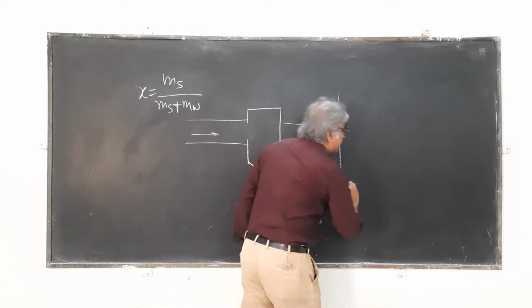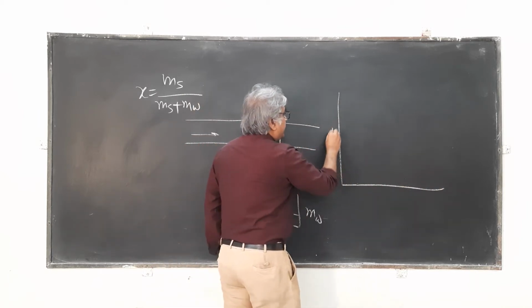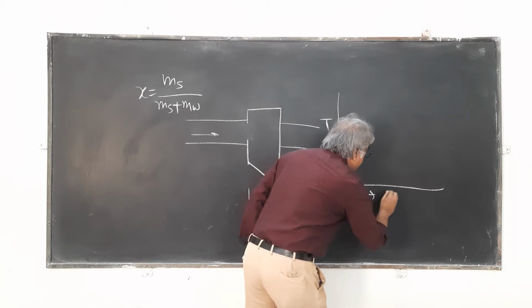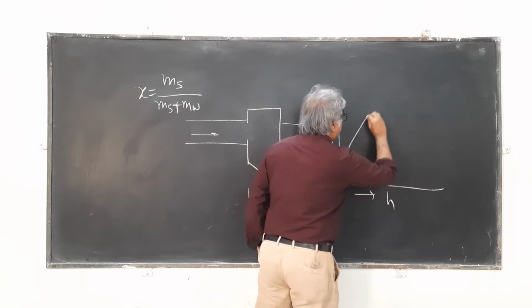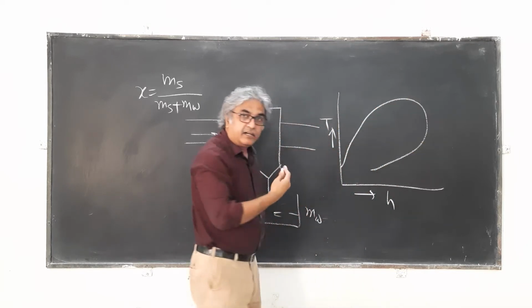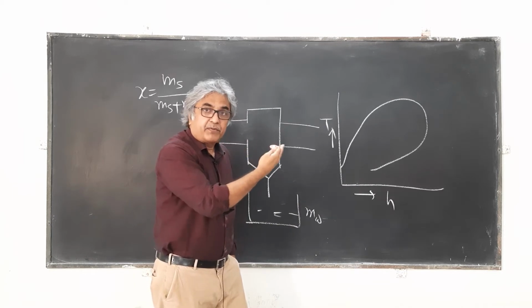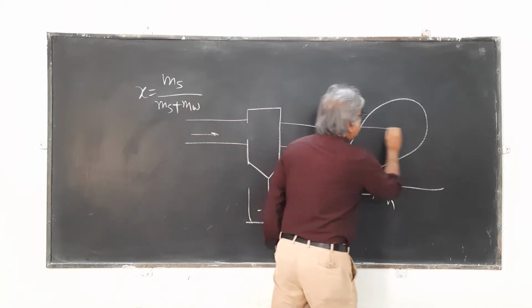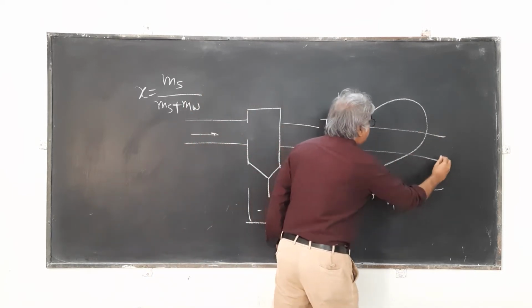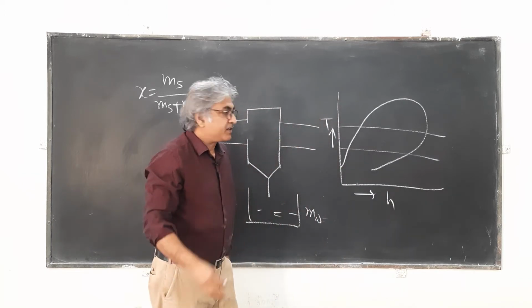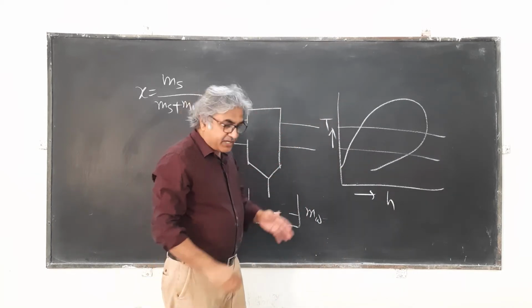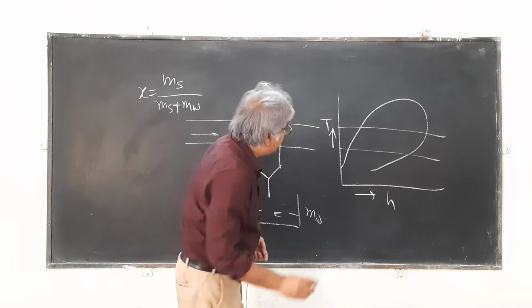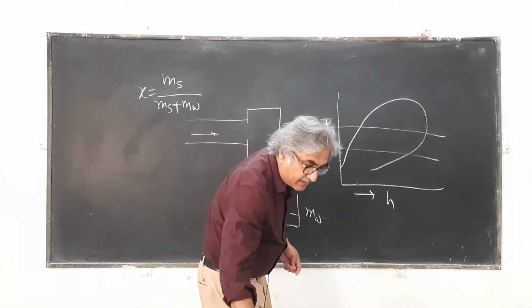Let me draw this temperature enthalpy diagram. So this is H, and this will be the dome, the vapor dome. The horizontal lines here will be all constant temperature lines. I need not tell you that. The constant pressure lines will be running like this.